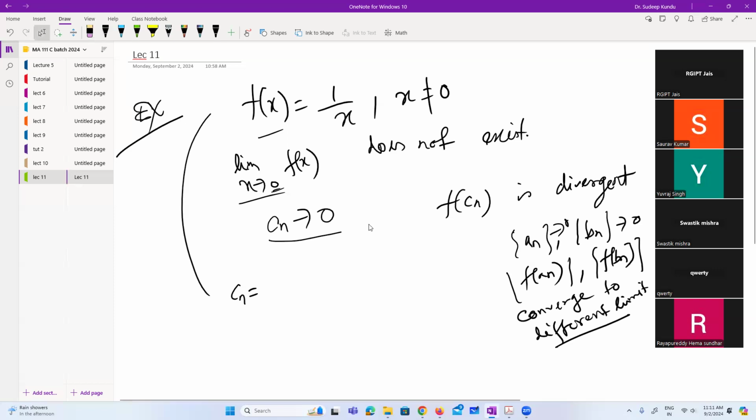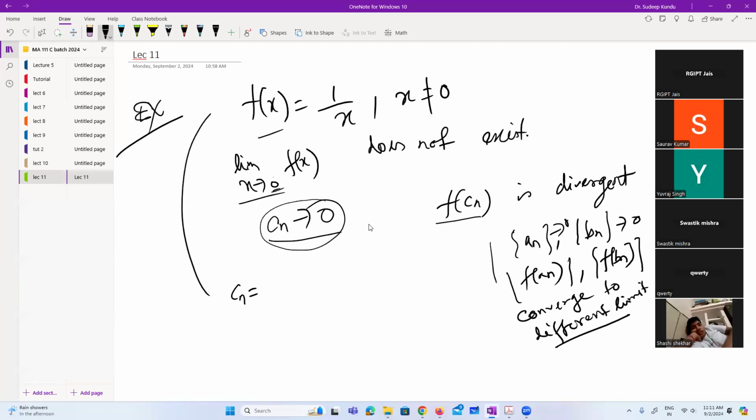In order to show the limit does not exist, what do you have to choose? Two ways. Either choose two sequences which converge to zero but whose images do not converge to the same limit, or choose a sequence which converges to zero but f of c_n is divergent. So what should you choose as c_n?